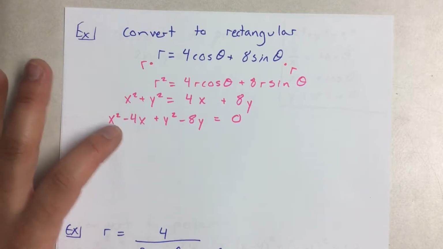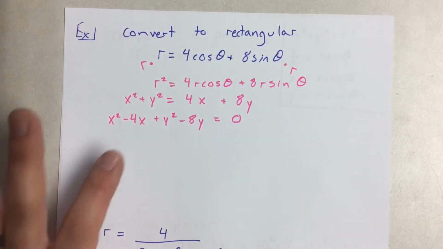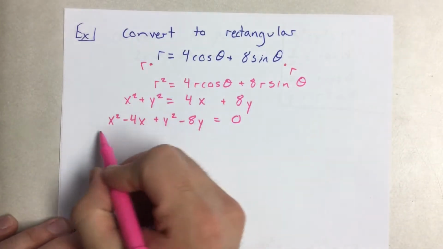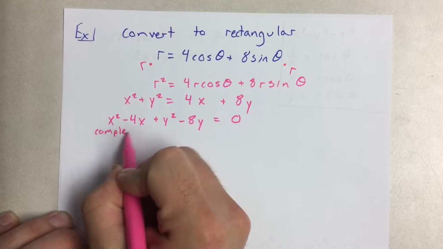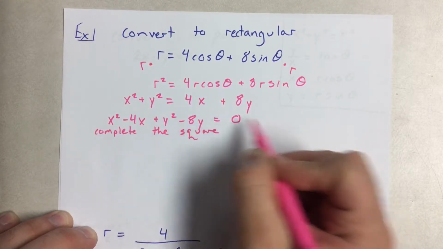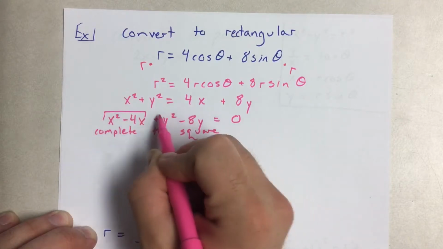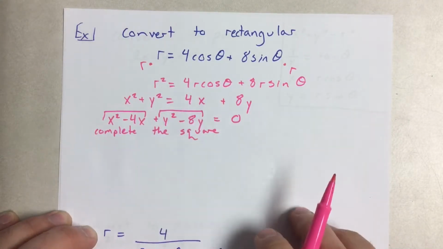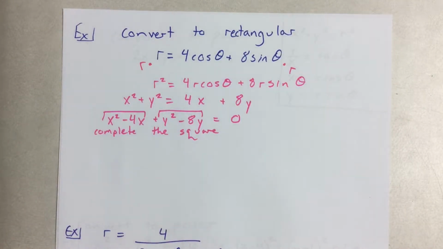So what I'm going to do here is I'm going to complete the square for both of my groups, my x group and my y group. I'm going to put a link here on the screen just so you can go back and possibly take a moment to review completing the square. We don't have time to completely go through and teach it here.